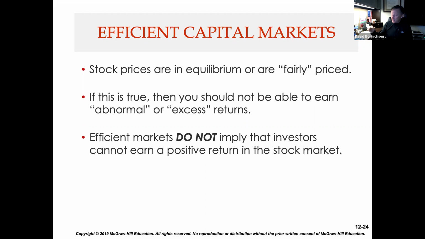If the expected return of the large cap asset class is 12% and you believe in efficient markets, then you should expect a 12% return on your investment. You shouldn't expect 13 or 13.5 or 10.5 or 9. If that's true and the prices are representative of being fairly priced, then you should not be able to generate abnormal or excess returns.